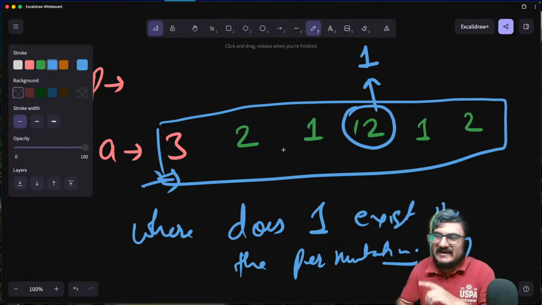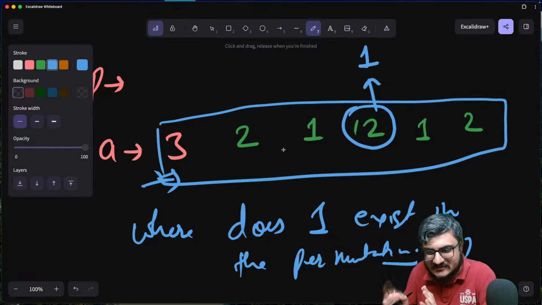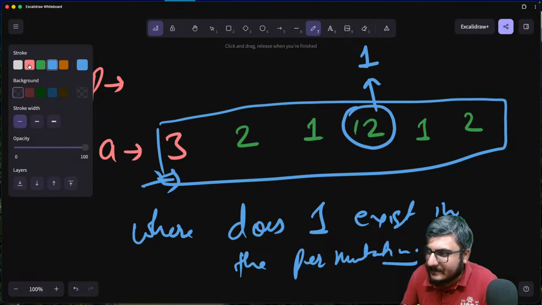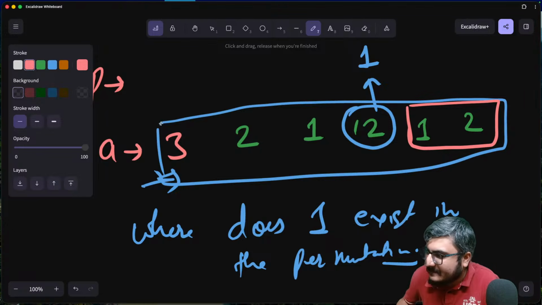The maximum A_i is not necessarily 1, but I am saying for the next 5 minutes, let's assume that wherever we have the maximum A_i, that is the position of 1. So now we have found where 1 exists. Now the idea is we can treat this part independently and this part independently.